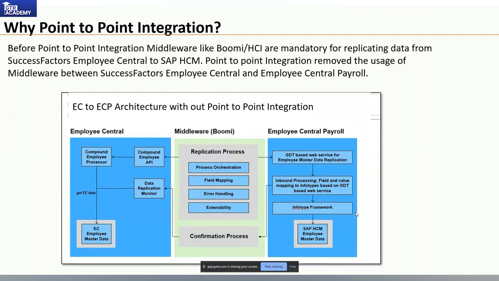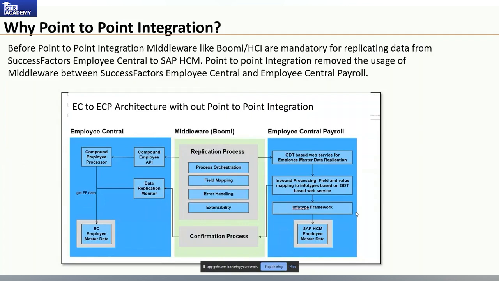However, it has its own difficulties while doing the mapping. It's not as simple as point-to-point integration, because you need to do the field mapping at each specific element level, and also do the error handling and extensibilities, and also the mapping of your org structure.